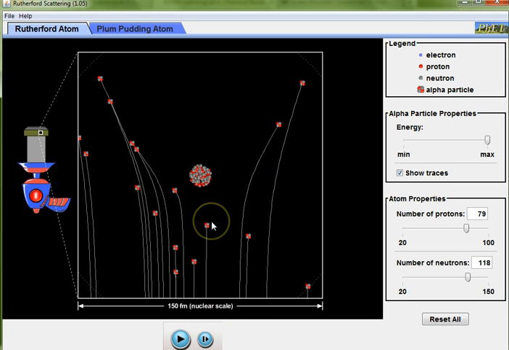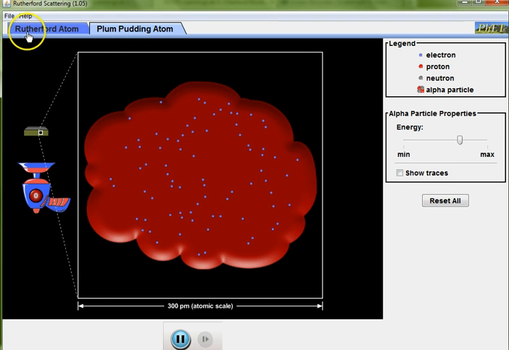So we'll come back to the Rutherford atom a little bit later. Let's look at the plum pudding model. We'll have max energy here, and we'll click on show traces. This is the plum pudding model. This red area is the entire atom.